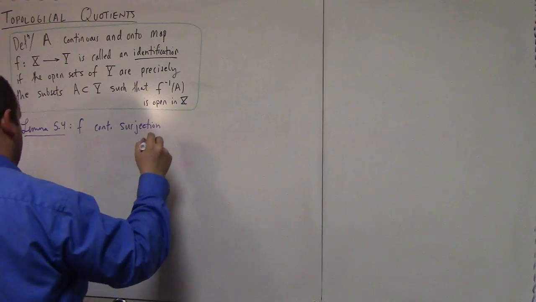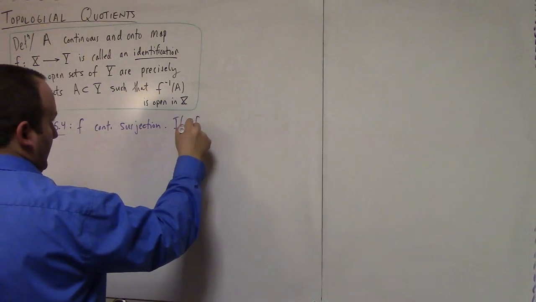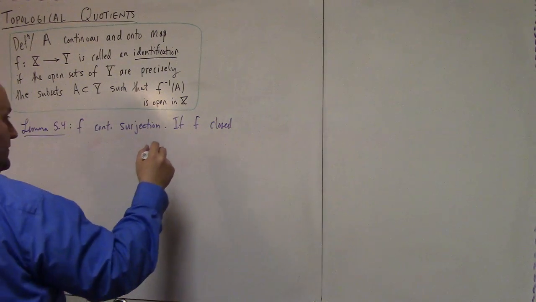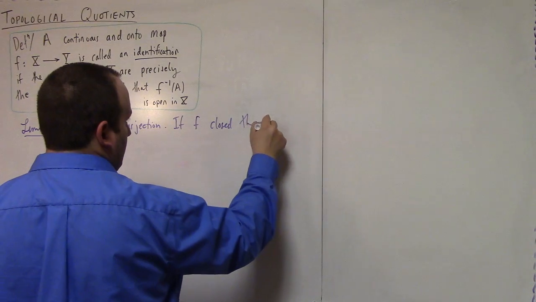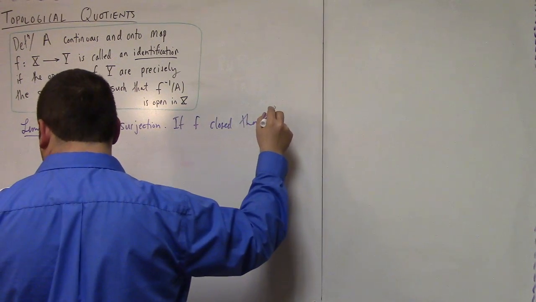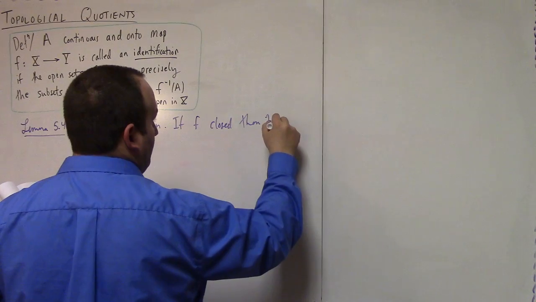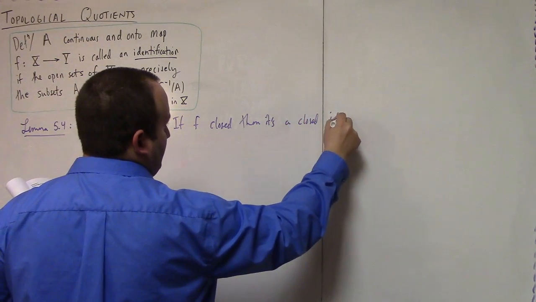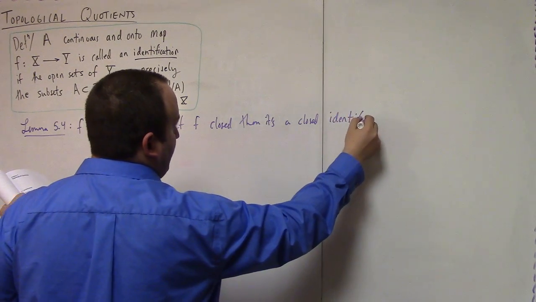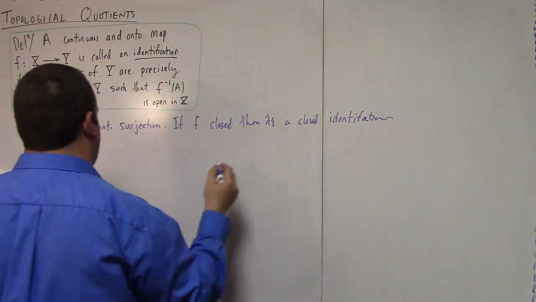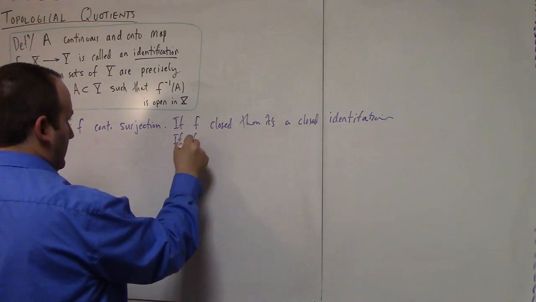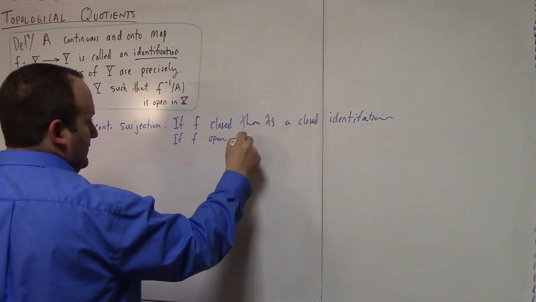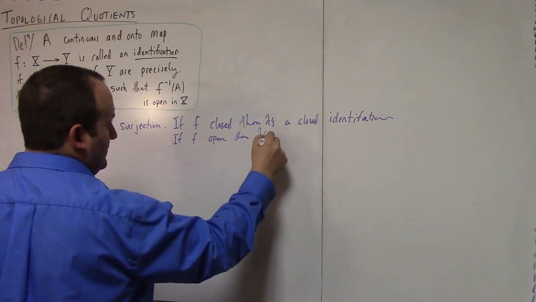Then if F is a closed map, then it's a closed identification, and that just means it's an identification which is also a closed map. And likewise, if F is open, then it's an open identification.